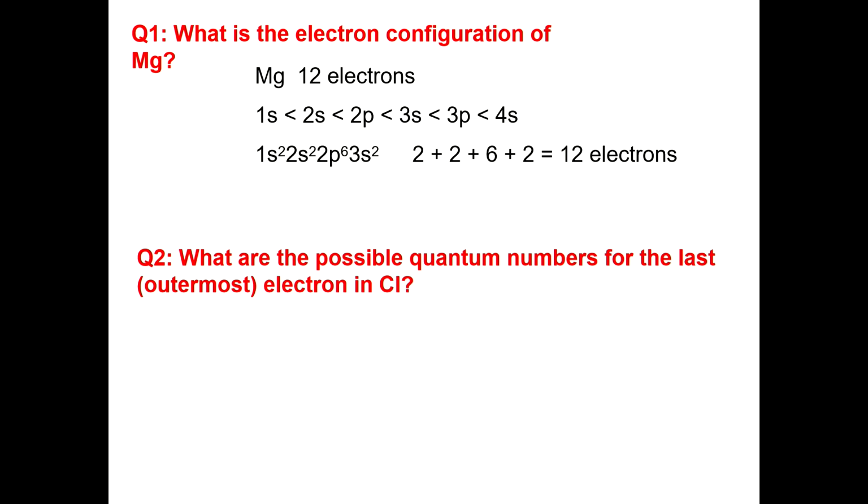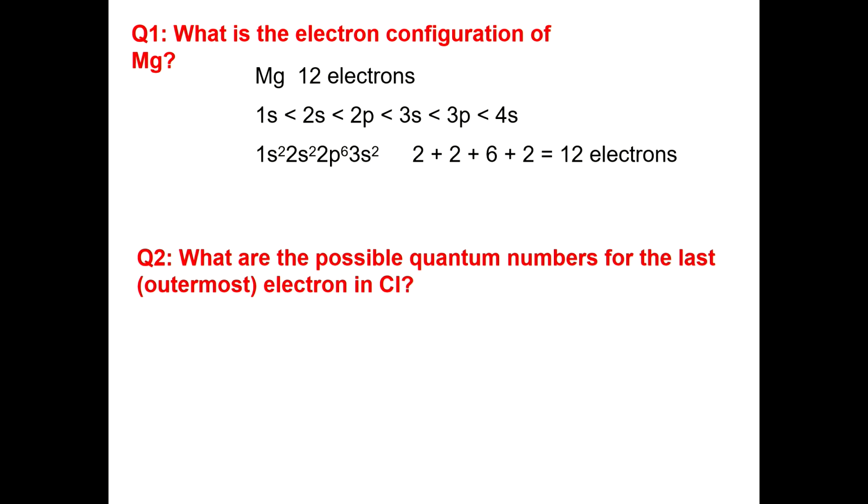What are the possible quantum numbers for the last electron in chlorine? Quantum numbers. This means you should think about where the last electron is put in, right?